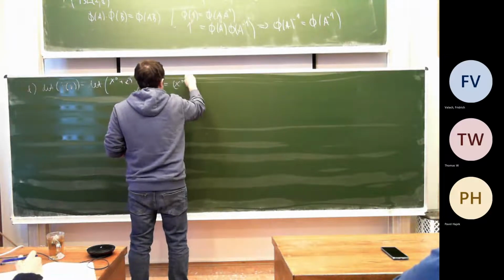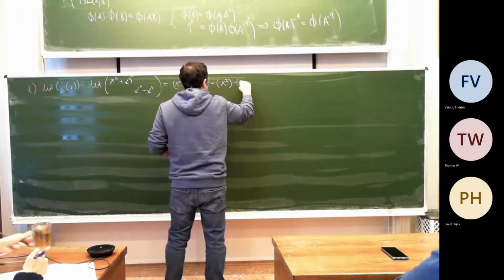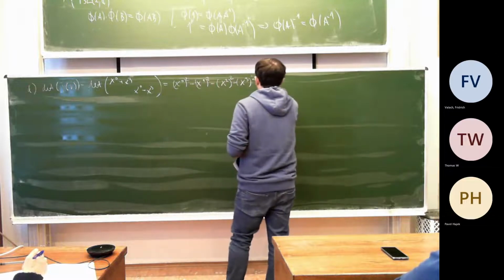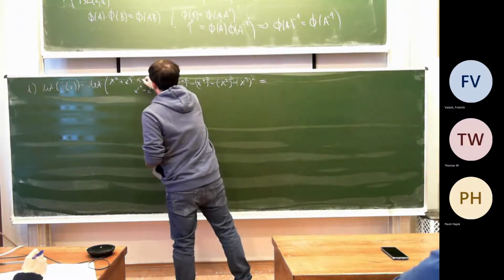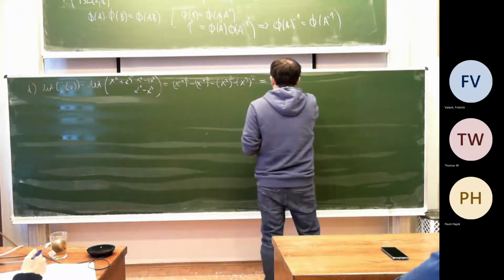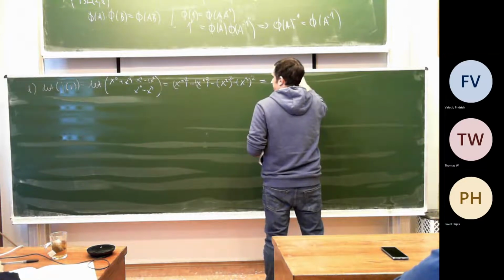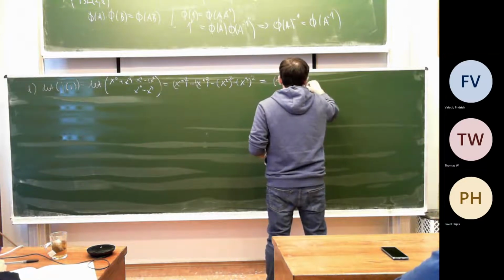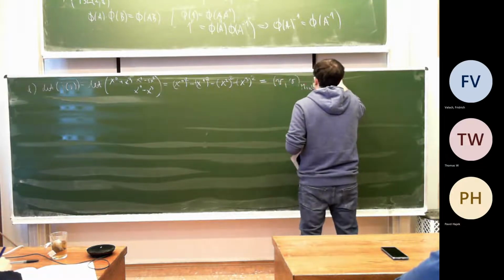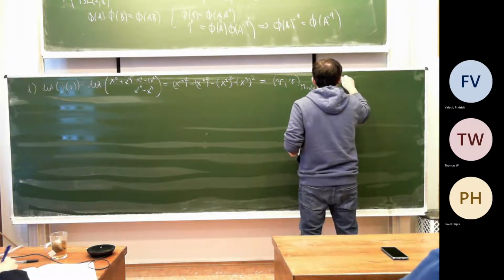If you compute further, you will get to this expression, which is the same as here, minus, which is the same as v times v, the Minkowski, which we know is that product.